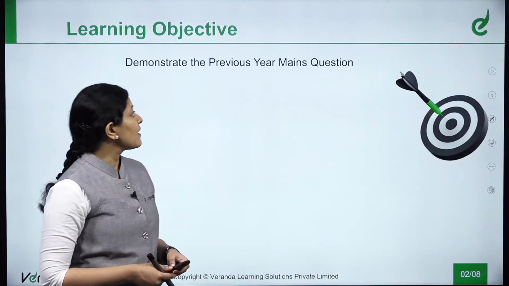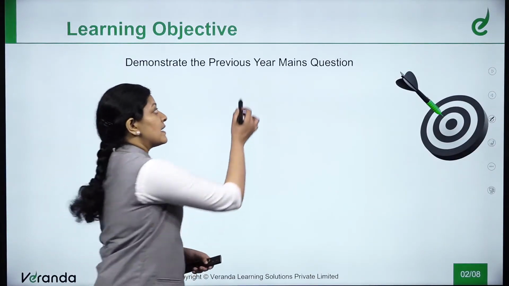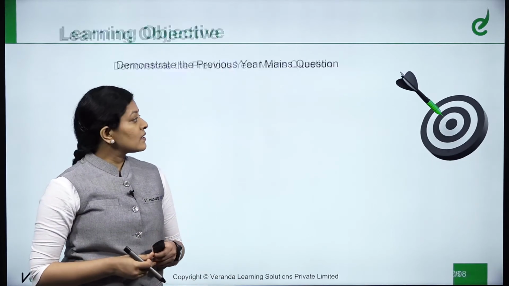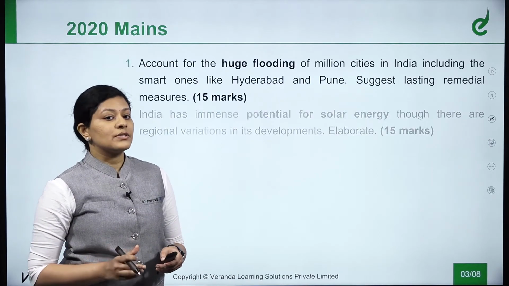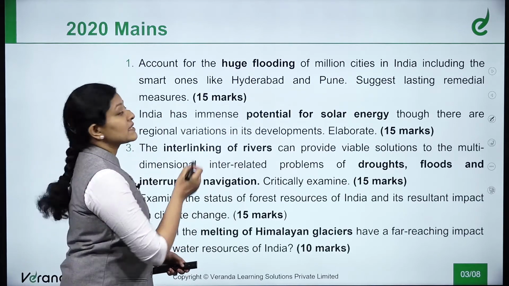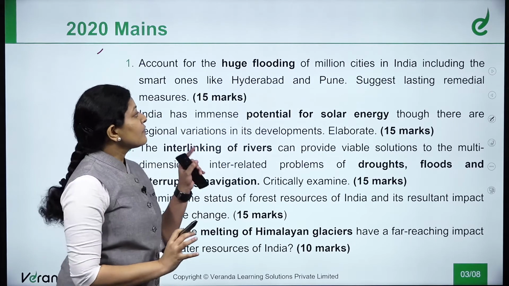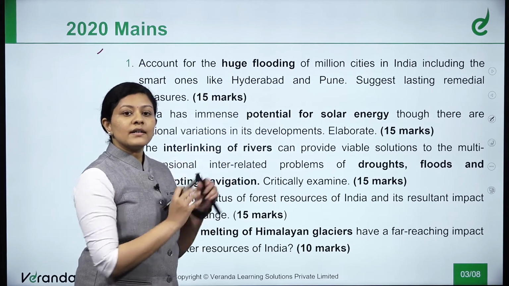So let us discuss the previous year analysis of mains and how to approach such questions. So let us start with a few questions over here. These are the questions asked in 2020 mains. First, what to write in a question?